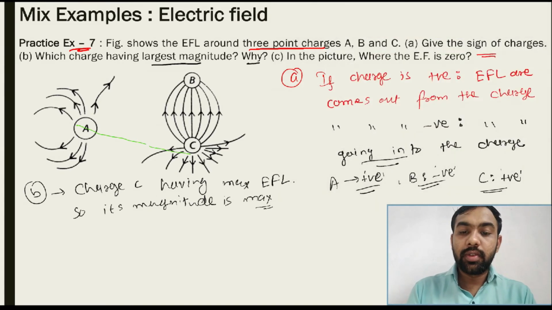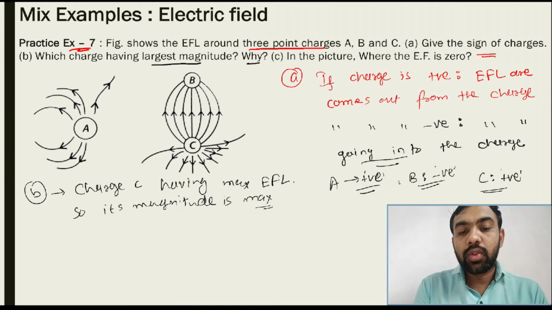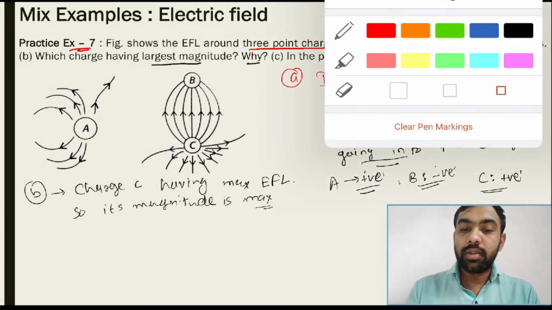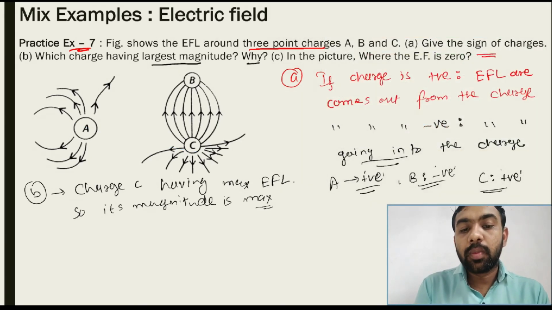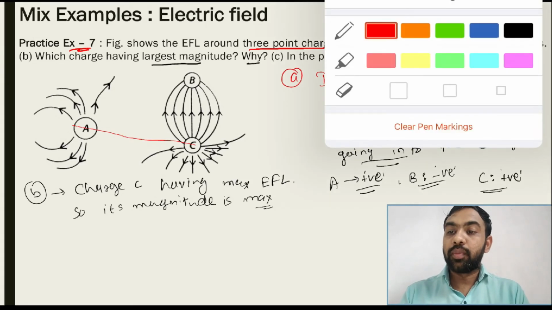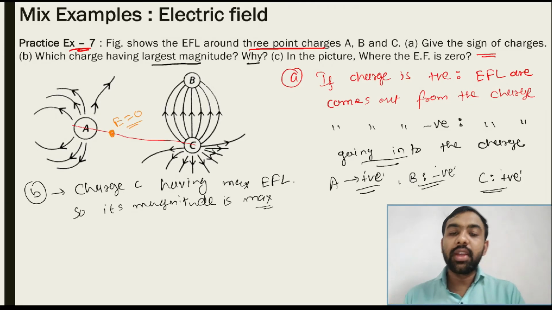If you draw a line through A and C, the electric field is 0 on this line, somewhere near A. Why?